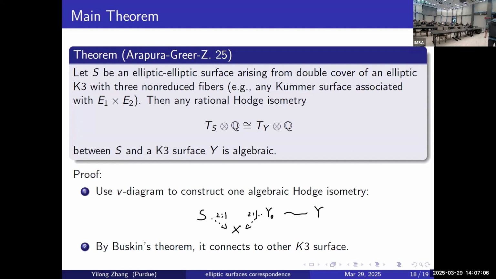So we run into the problem that when we compute the limiting K3 surface, two of them are the same. One of them is not the same as the last one. So we have a three-linked K3, in which two of them are the same, and it is not included in the last one.